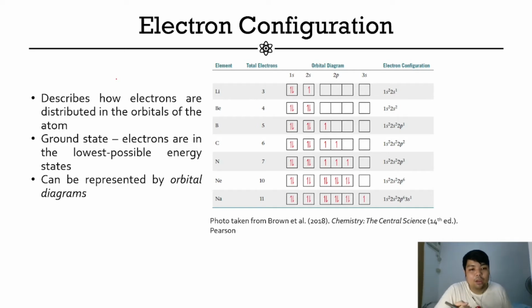A more detailed representation of the distribution of electrons in atoms is orbital diagrams. Orbital diagrams show a complete picture of all the quantum numbers of all of the electrons of the atom. If you notice, it shows the principal quantum number, the angular momentum quantum number, the magnetic quantum number, and the spin quantum number.